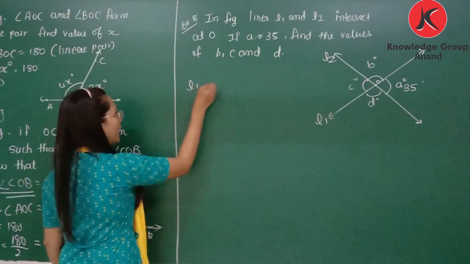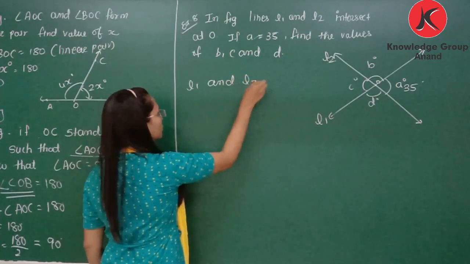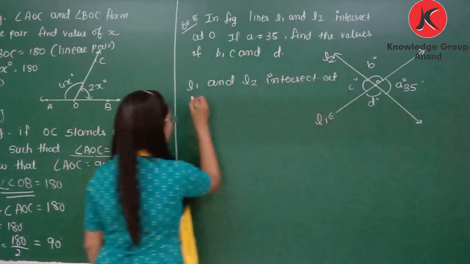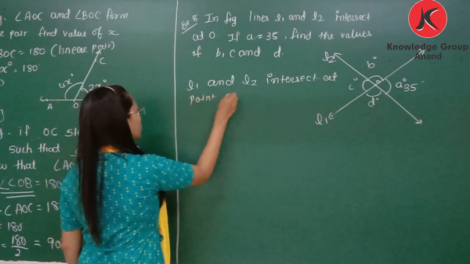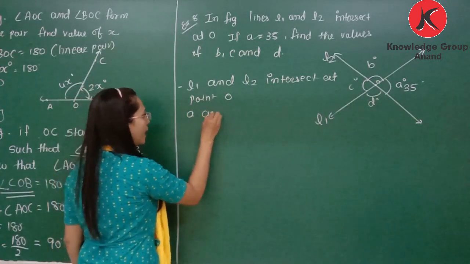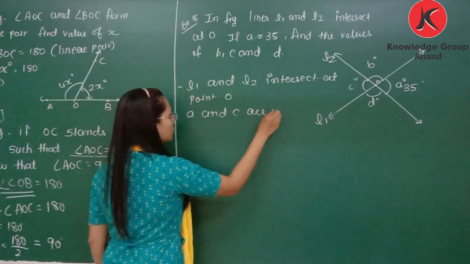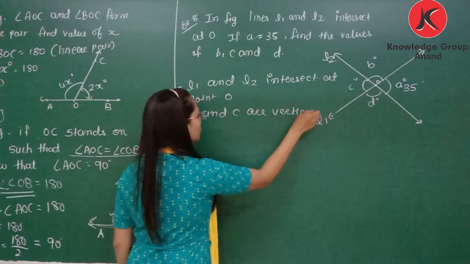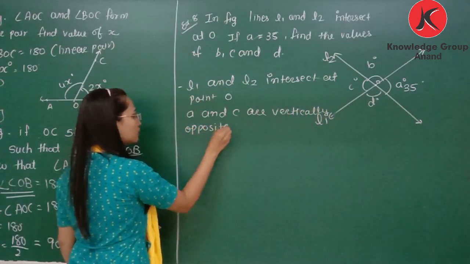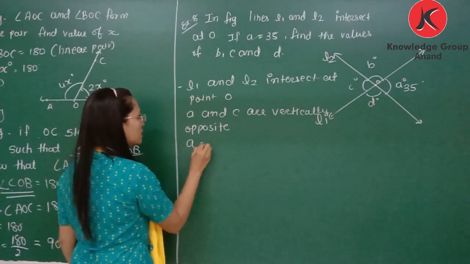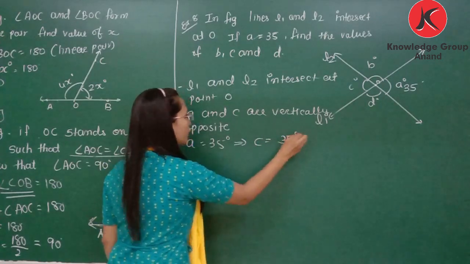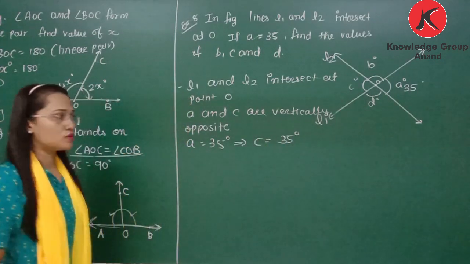We can write L1 and L2 intersect at point O. So A and C are vertically opposite. If angle A is 35, then angle C is also 35. Why? They are vertically opposite.